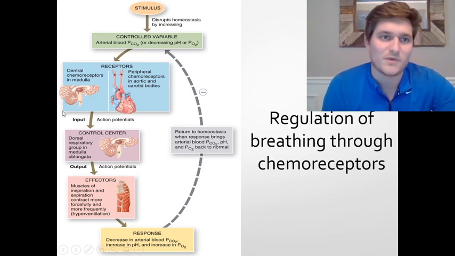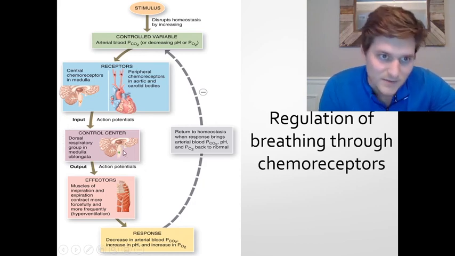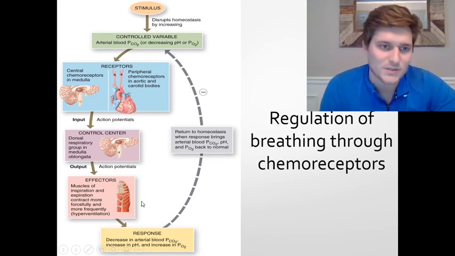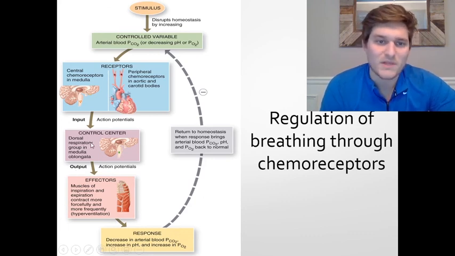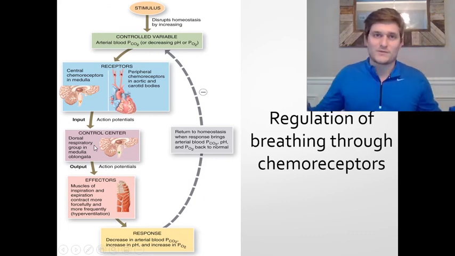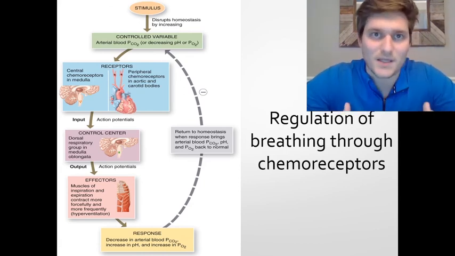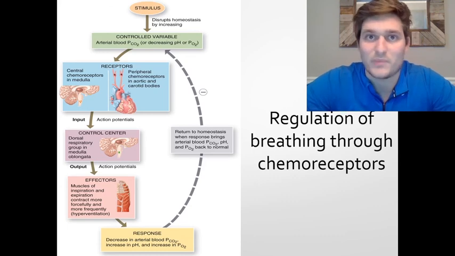The chemoreceptors pick up on this, sending increased input to the respiratory center within the brainstem, and that leads to more forceful contractions of these respiratory muscles. In turn, it helps drive ventilation, helps decrease the amount of blood CO2, and helps increase the amount of blood O2.